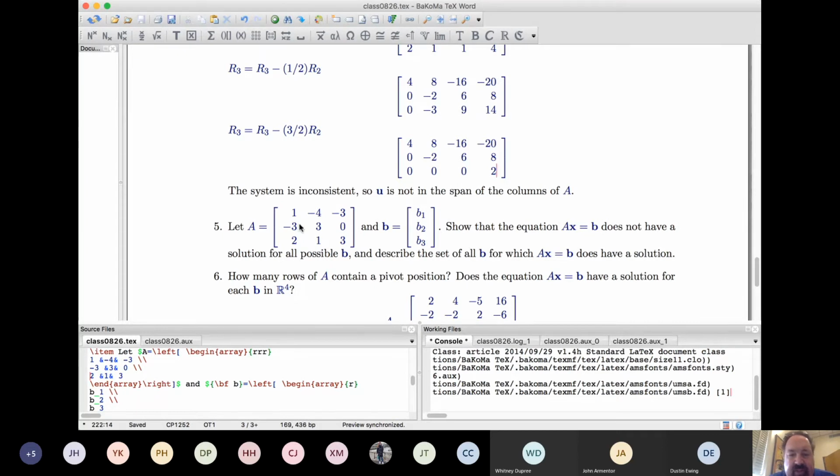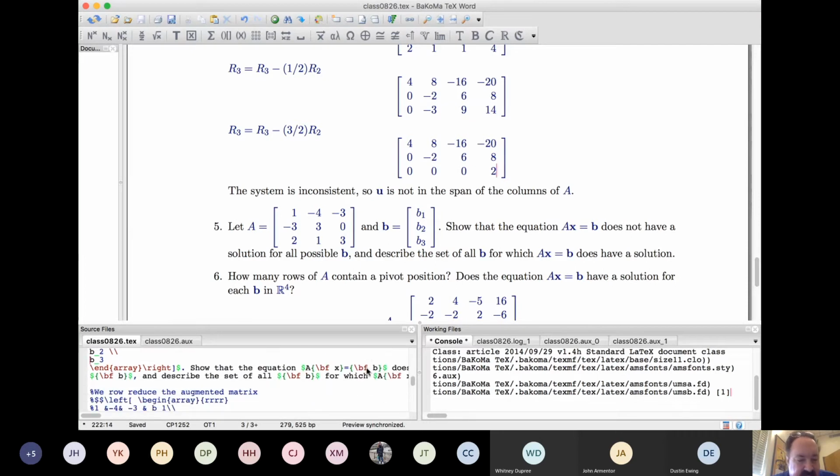So we're going to work with the augmented matrix and show that it does not necessarily have a solution. So the system that we get is not necessarily going to be consistent. But then the question is asking, are there certain choices of B1, B2, B3 so that the system is consistent? When we're talking about the system having a solution, that's the same as asking whether it's consistent.